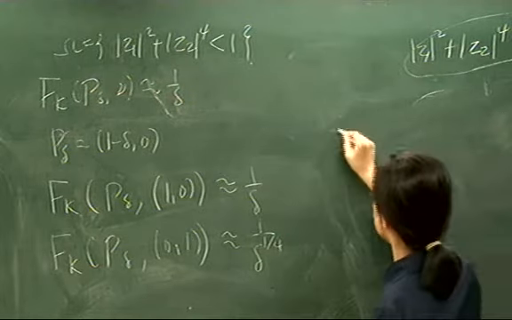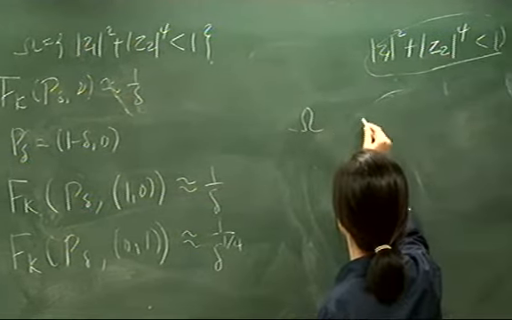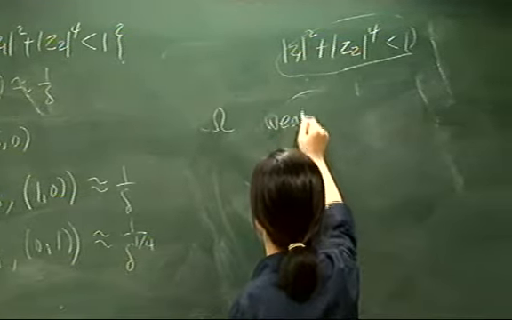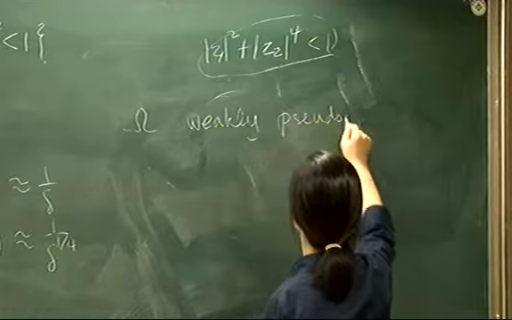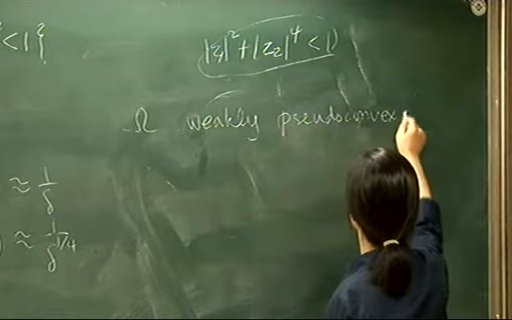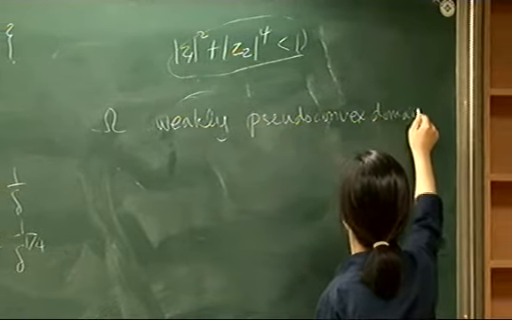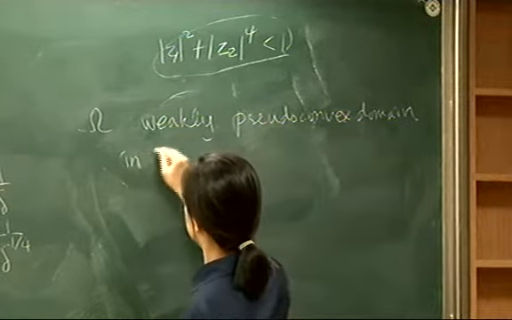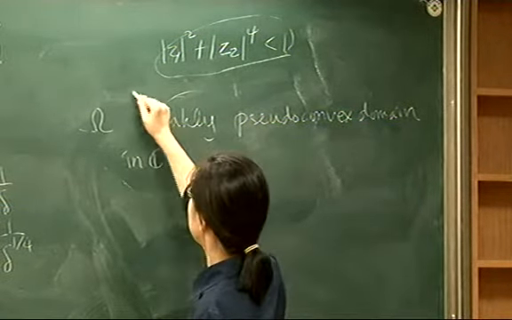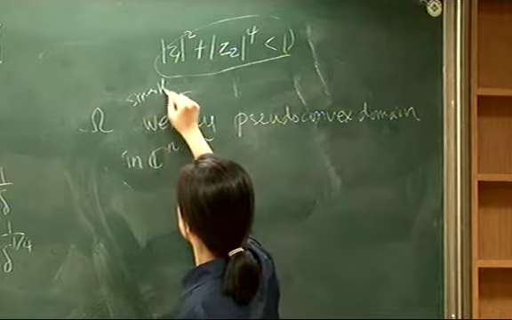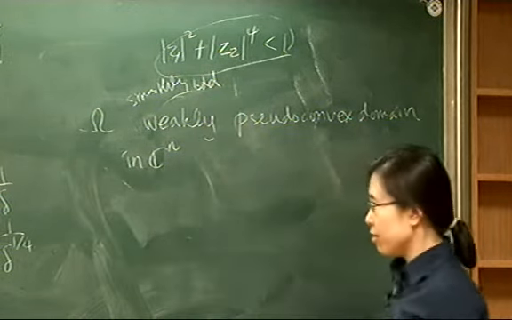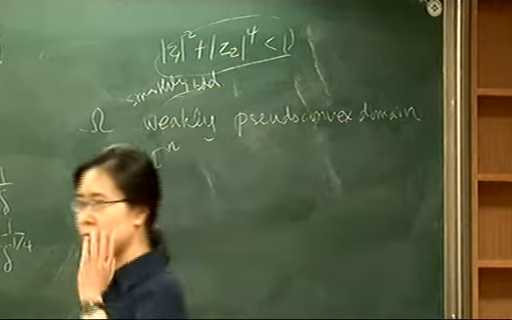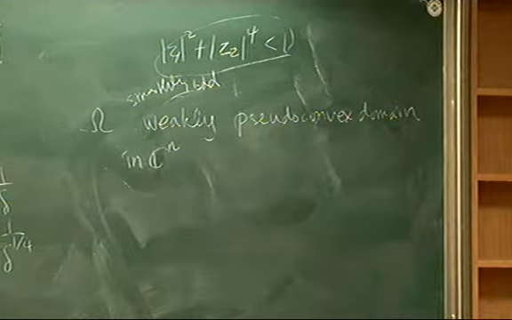But if omega is a general pseudoconvex domain, say weakly pseudoconvex, in Cn, say smoothly bounded, then we actually don't know how it behaves near the boundary.